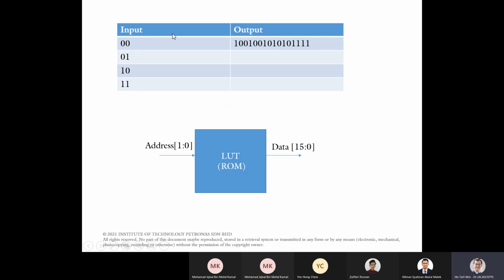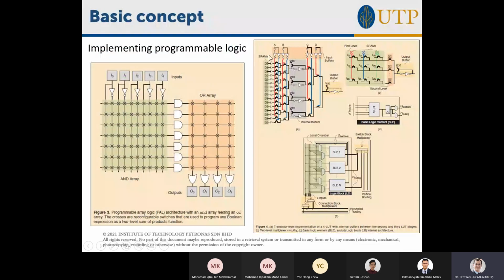If I have 4 bits, I have to specify 16 possible outputs. So a K lookup table has K inputs, and therefore there are 2 to the power of K possible values that this lookup table must be able to specify on this output. So this is a K input, 1 bit output.